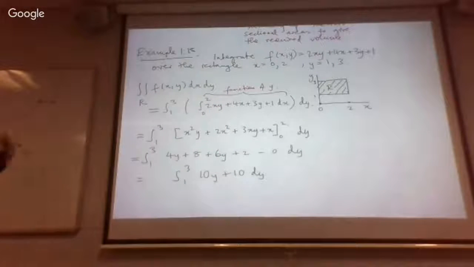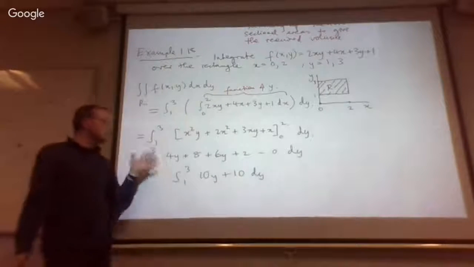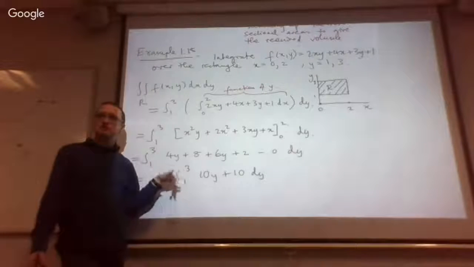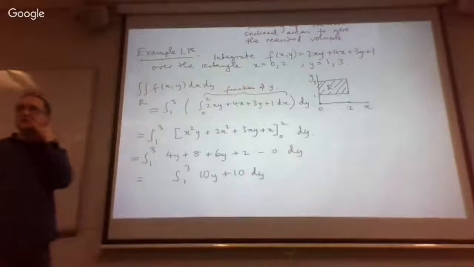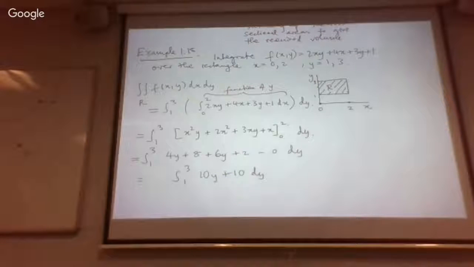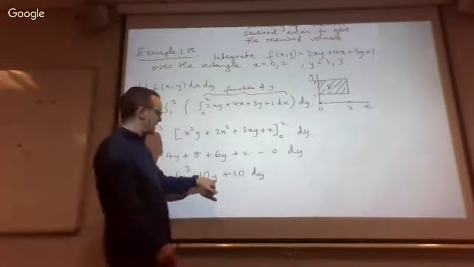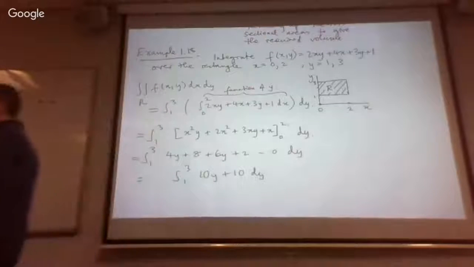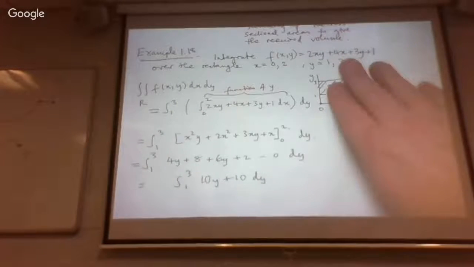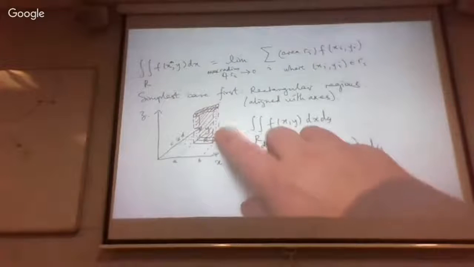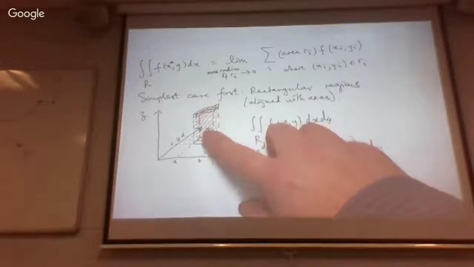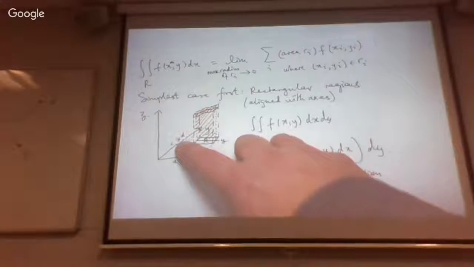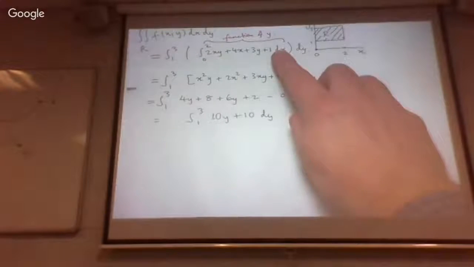So now the double integral has reduced to just this nice one variable integral, integrating a function of one variable. But this expression here, 10y plus 10, what that is representing geometrically is the cross-sectional area of this thing located at the value y in our example, because that's the result of this inner integral.